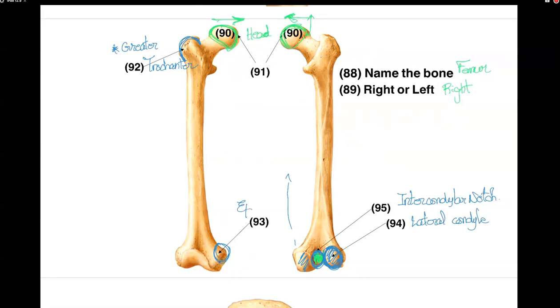Epi means above, and I'm located above the condyle, so I will call it an epicondyle. And it's on the same side as the head of the femur, so we call this my medial epicondyle.